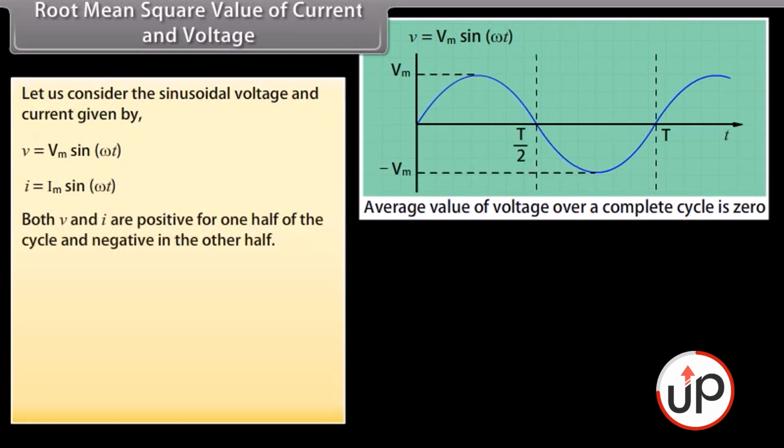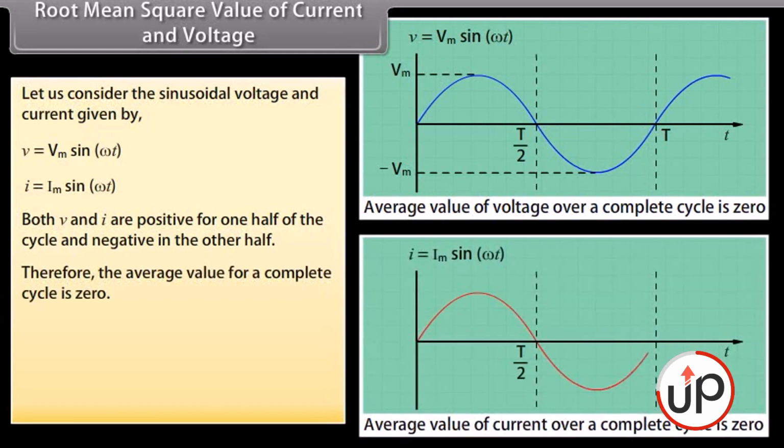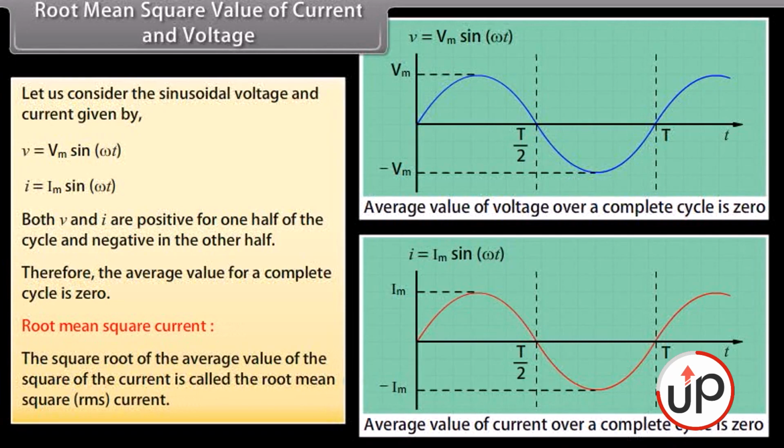Both V and I are positive for one half of the cycle and negative in the other half. Therefore, the average value over a complete cycle is 0. Root mean square current. The square root of the average value of the square of the current is called the root mean square, RMS, current.